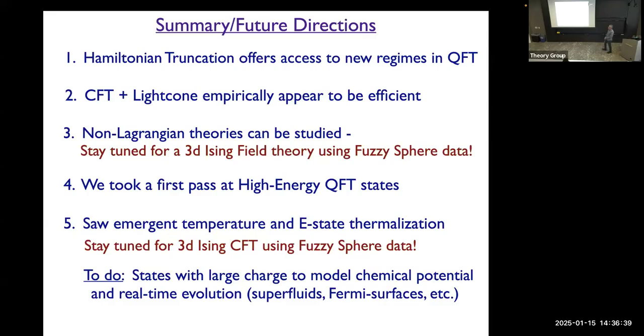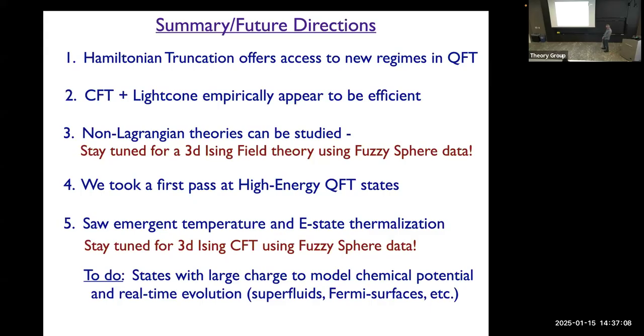This combination of CFT structure and the light cone we found empirically to be efficient. For example, in any apples to apples comparison, they're faster and better than box space methods. The framework allows for non-Lagrangians, right? So you just need the CFT data and you can deform with some operator.